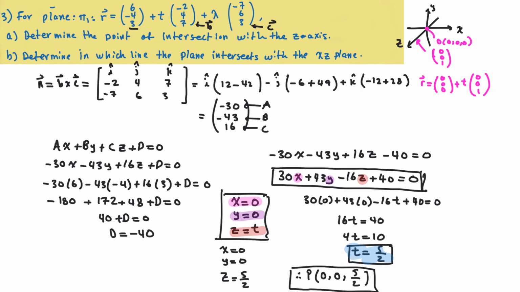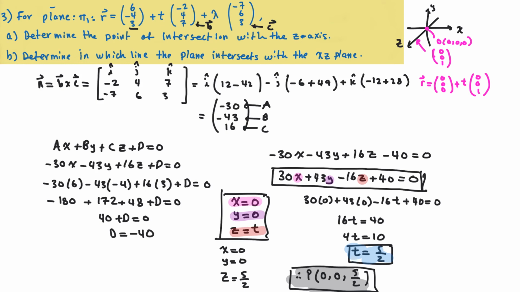And that is my point of intersection with the z-axis. And it makes sense also because if there's an intersection with the z-axis, there should be no x or y value. They should be 0, and it is in our case here.